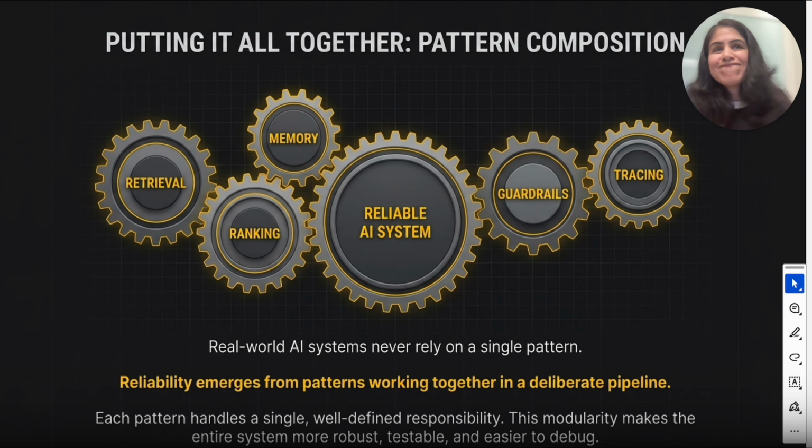Now, here's where all of it comes together. Real AI systems never rely on just one pattern. They become reliable when patterns work together. So, let me show you what happens within a single query in a real production system.